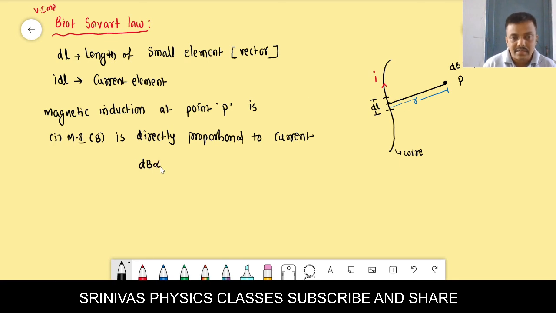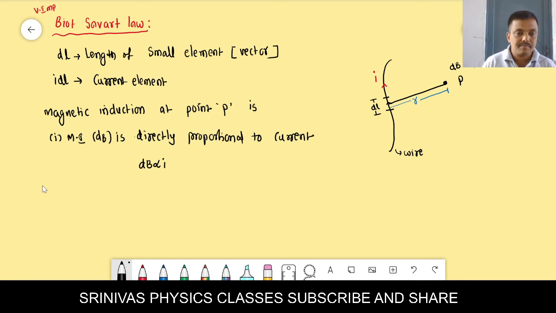That magnetic induction is directly proportional to current. If more current passes, more magnetic field will be generated. This dB is the small magnetic field due to the small element only. If due to the total current carrying wire, the magnetic field is B, right? But I am taking only the magnetic field due to the small element, which is directly proportional to the current.